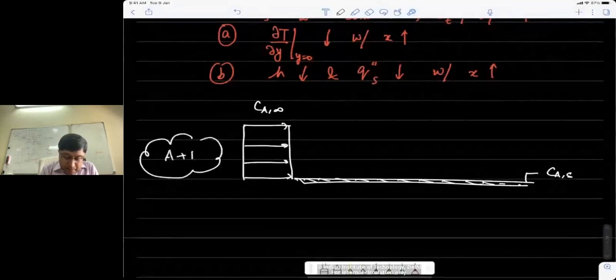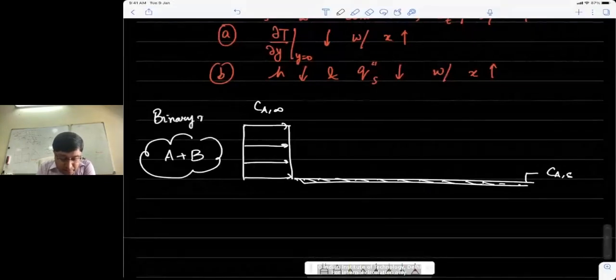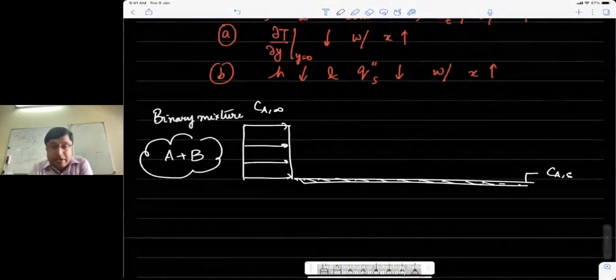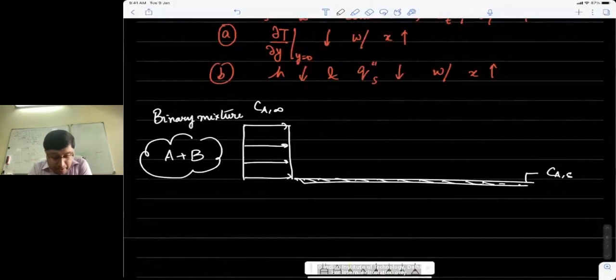So the mixture will be some A plus B. Only two components will be there in this system, which is called a binary mixture. Binary for obvious reasons, because there are only two choices. So we'll consider a binary mixture of A and B, but A will be the one which will have this transfer from the surface.